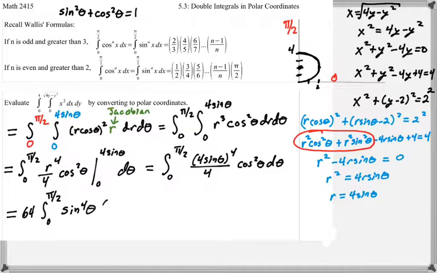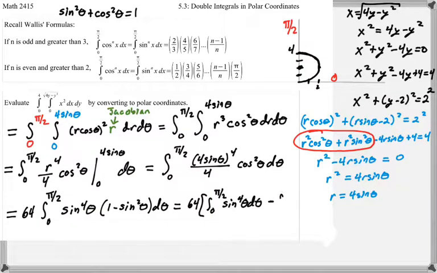So you have sine to the fourth theta, and then 1 minus the sine squared of theta d theta, and that's going to be equal to 64 times the integral from 0 to pi over 2 of sine to the fourth of theta d theta, minus the integral from 0 to pi over 2 of sine to the sixth power of theta d theta.